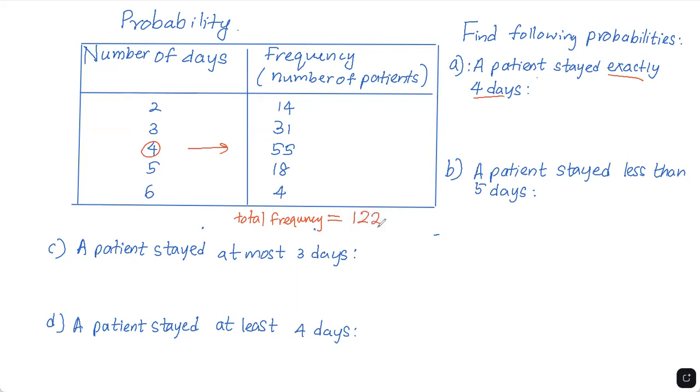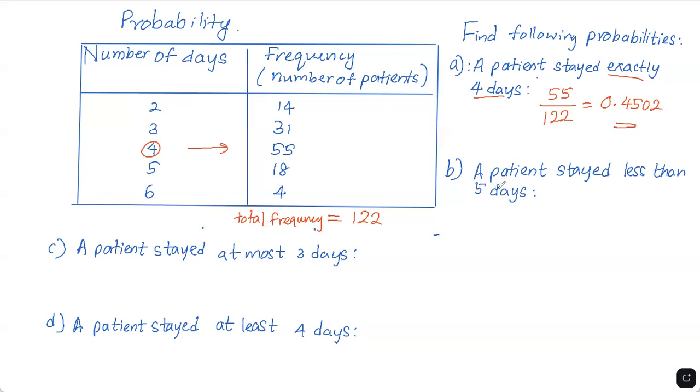So total frequency is 122. So out of 122, exactly 4 days, the frequency is 55. So this is the probability for this one. The probability a patient stayed exactly 4 days is, as a decimal number, 0.4502.